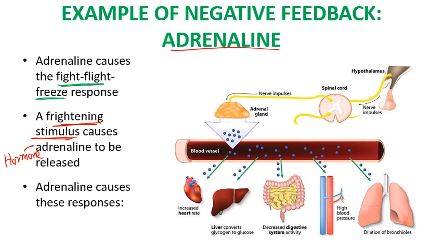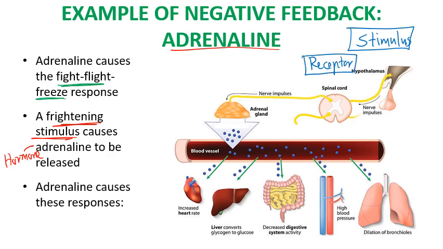So the stimulus is seeing something dangerous. Then the receptors are going to be in our eyes, seeing it. So danger is the stimulus, receptors are the light receptors in our eyes.